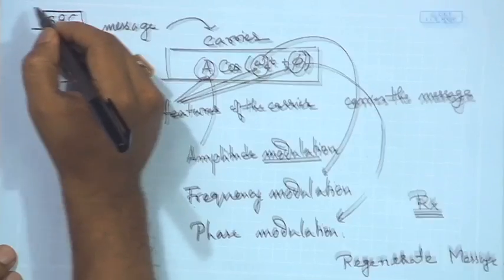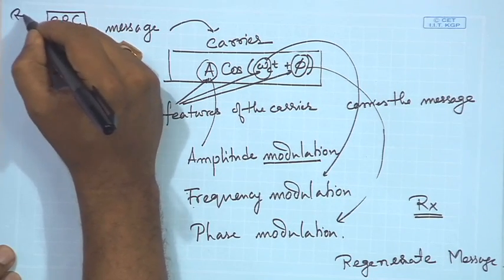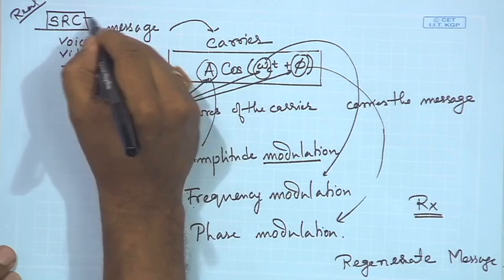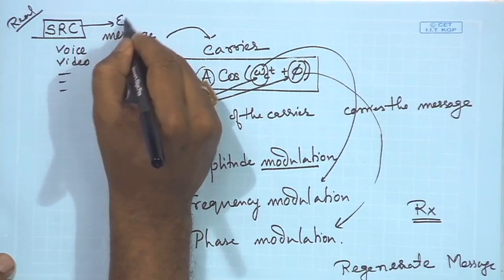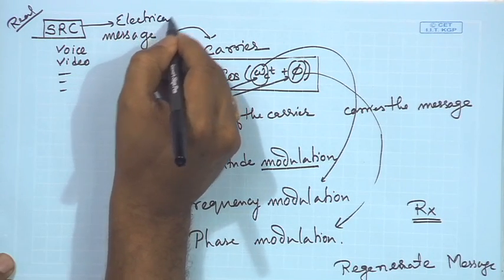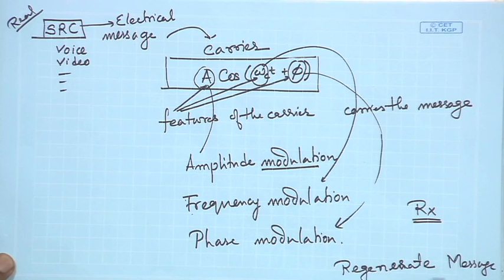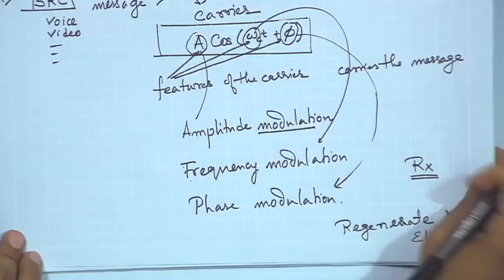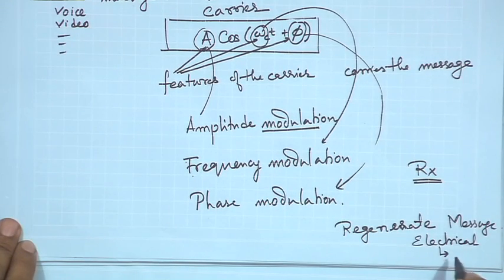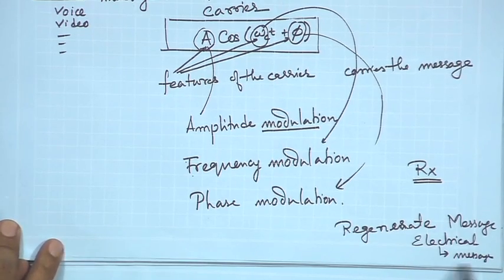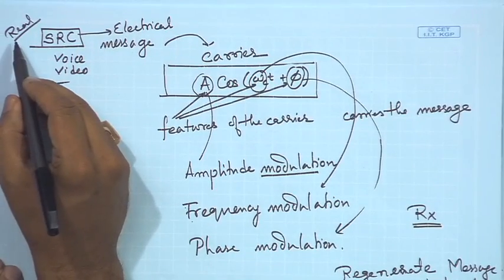Generally this source is some real source, and here you generate the electrical signal. Similarly, at this point we are talking about the electrical message signal, which again passes through some transducer to become the original message, for example the speaker, if there is a voice over here.